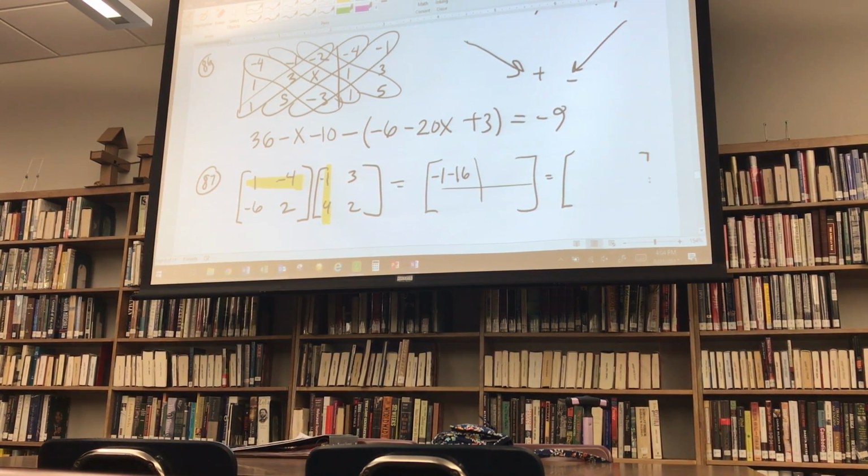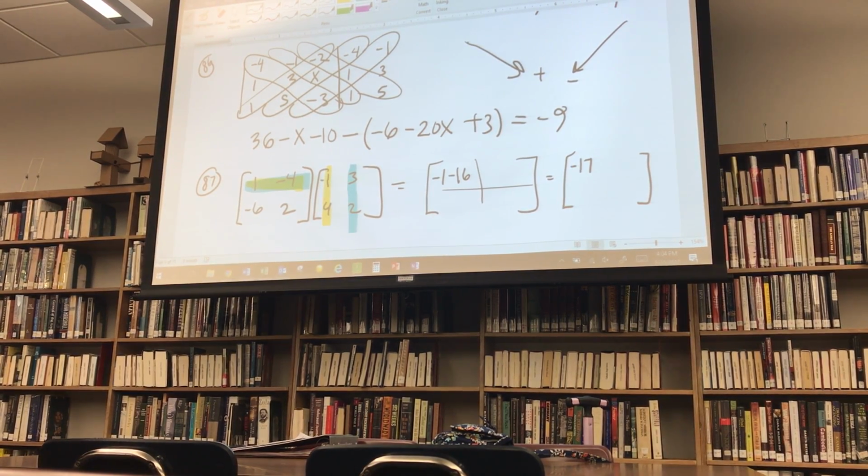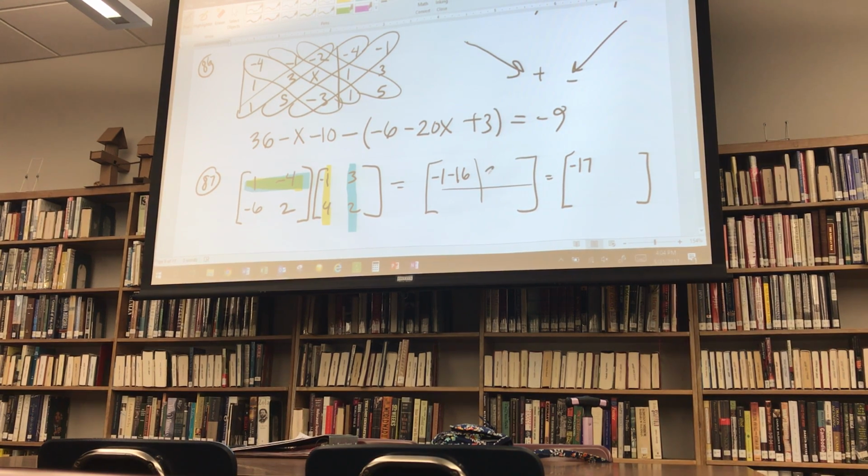So what goes in that upper left-hand corner? Negative 17. Then I'm going to do the top row and the right-hand column, okay? First row, second column. And when I do that, I'm going to get what plus or minus what? 3 minus 8. Great. So that's negative 5.